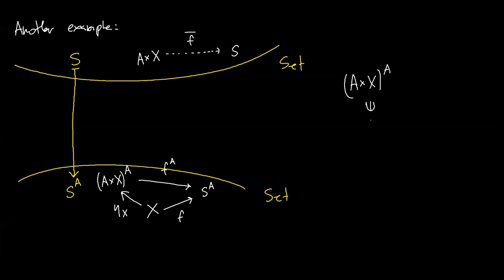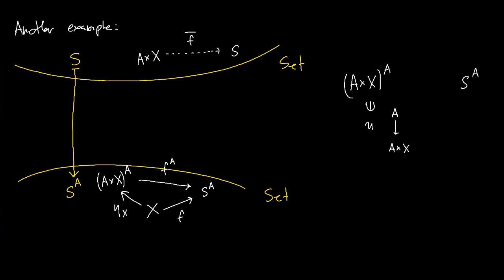So an element in here will be a function from A to A cross X, and S to the power A, on the other hand, is a set of functions from A to S. So I want to produce, sorry, my apologies here.